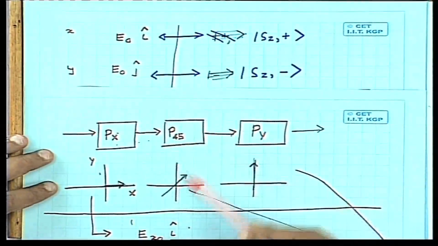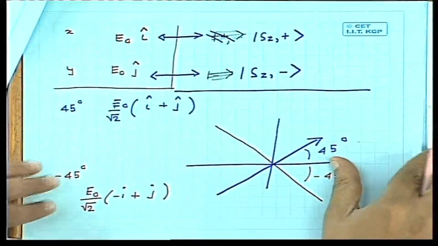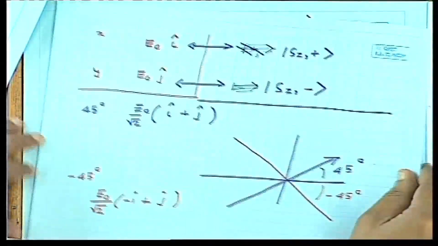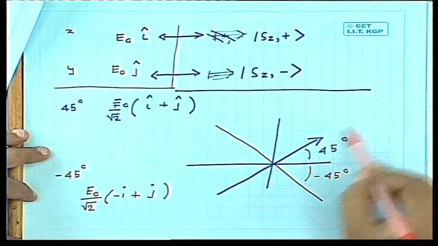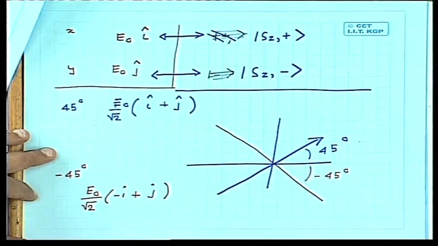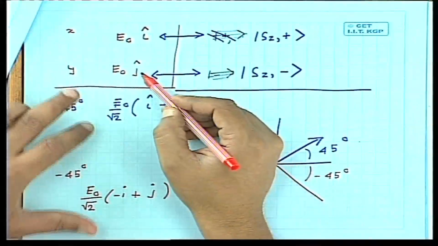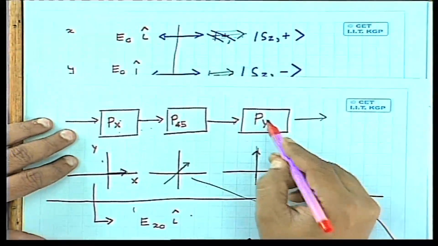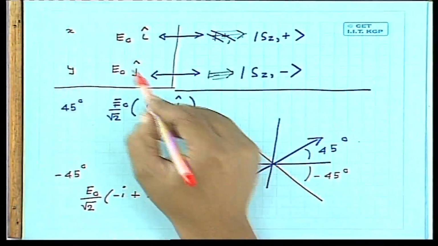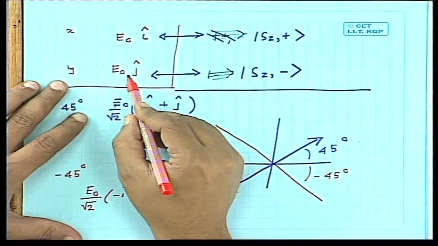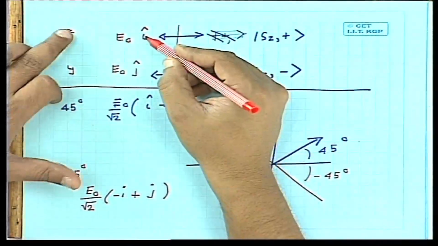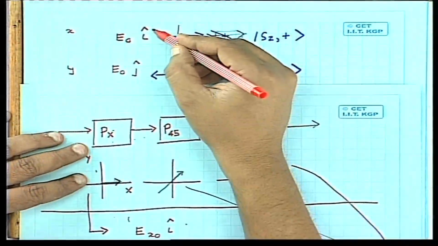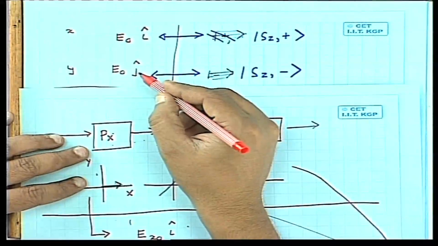Now if I make a measurement of the polarization along the 45-degree axis, then it goes over to this polarization state, which is electric field polarized along the 45-degree axis. And now if I make a measurement of the y component of the polarization, which is this one, there will be a finite part of this which will go over to this. So I will get some value of the y component of polarization. If I had taken this to start with and measured this y component, I would have got 0.